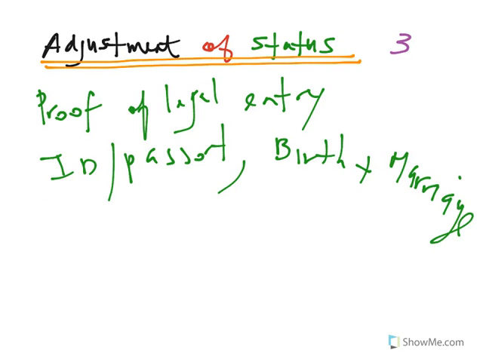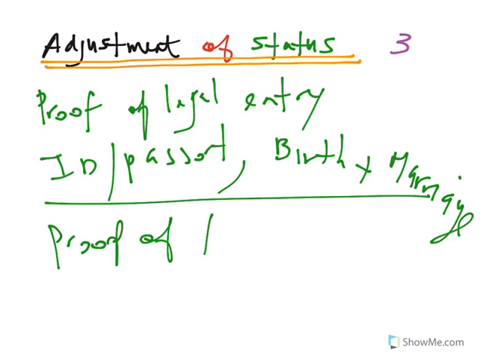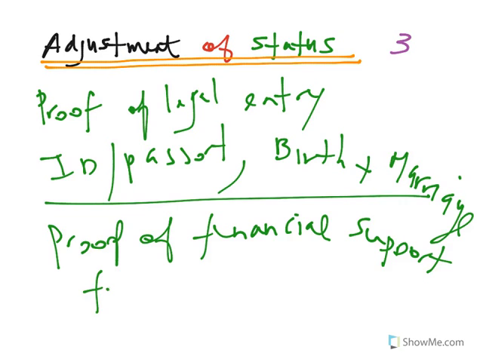And we also need proof of financial support from the U.S. citizen. So the U.S. citizen must be able to show that they are able to support financially the foreign national. And basically what the government does, they're looking at the poverty guidelines and they want to make sure that the U.S. citizen is making above the poverty guidelines to be able to support their foreign national spouse.